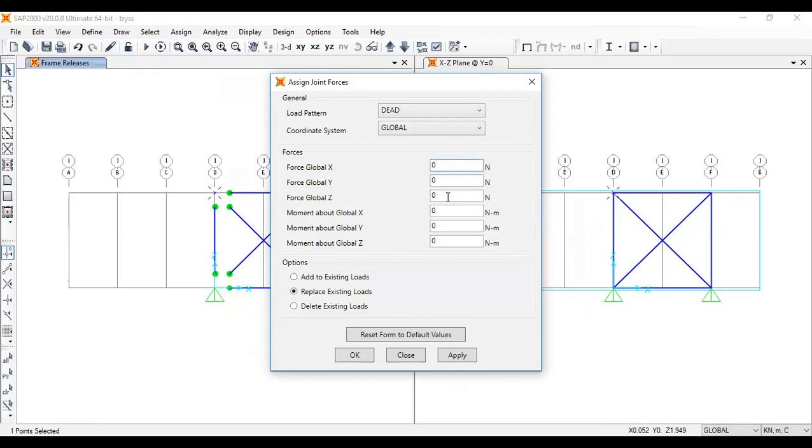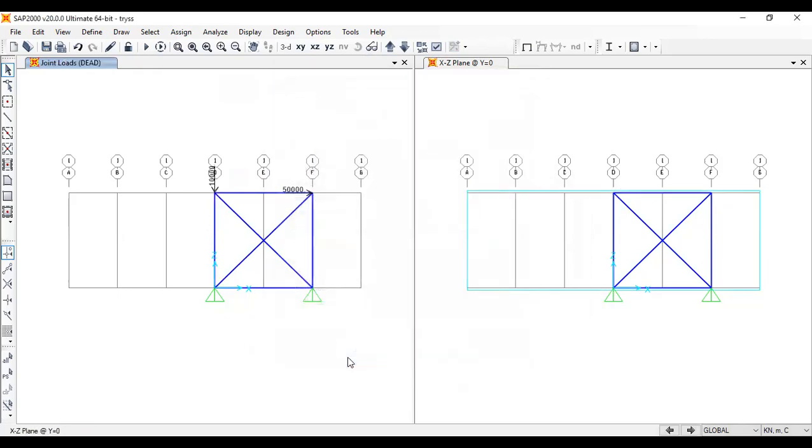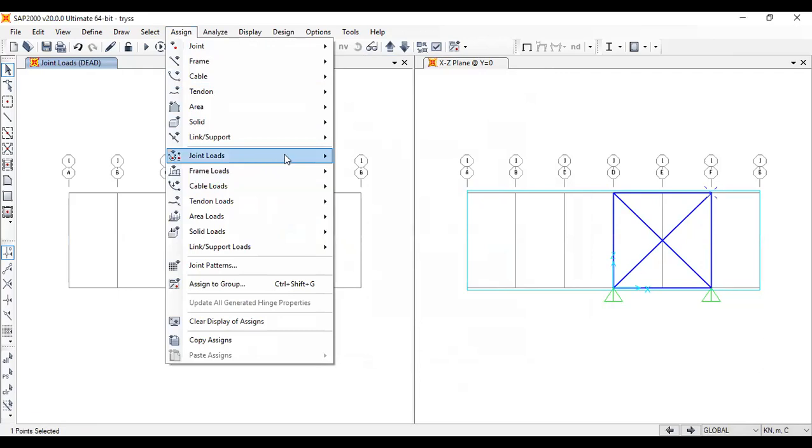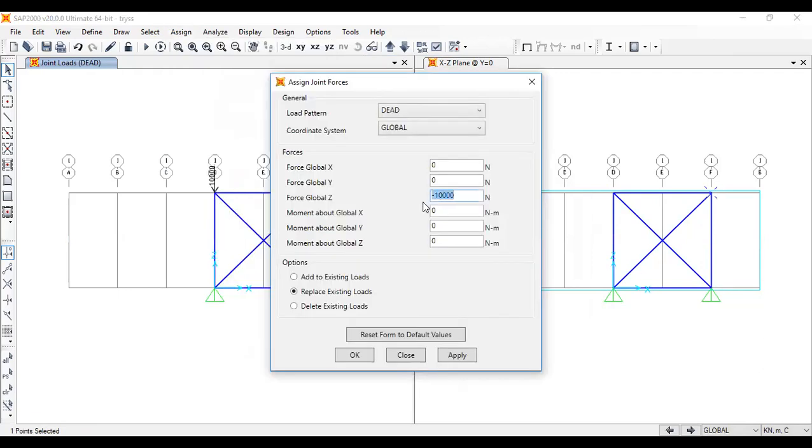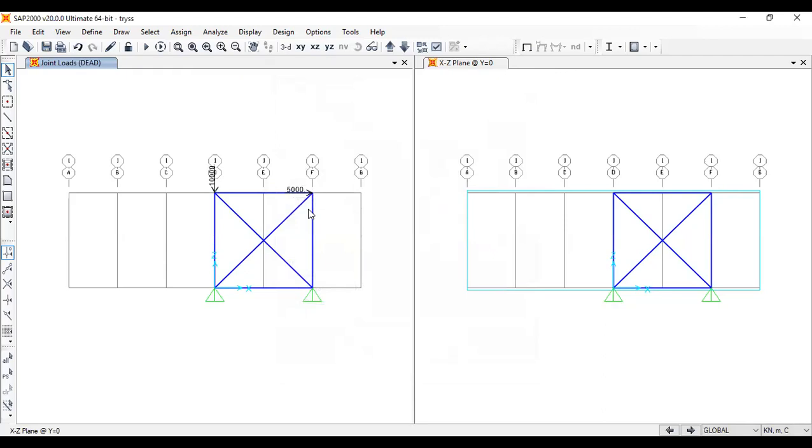This you have 10 kilonewtons, right? Okay. Here you have 5 kilonewtons in the x direction. It's okay, right?